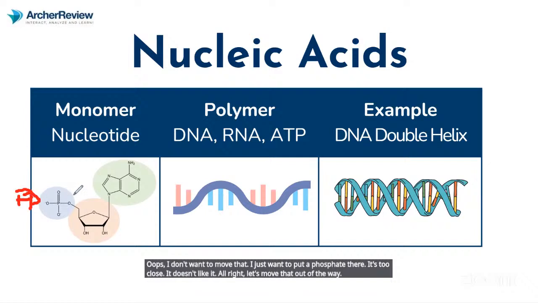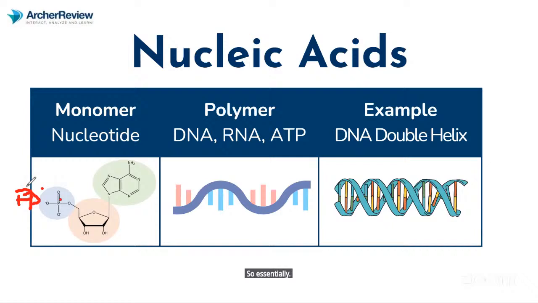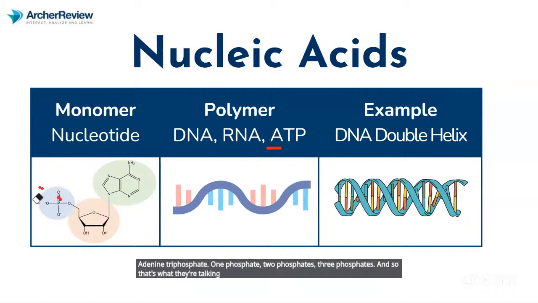Essentially it goes phosphate, phosphate, phosphate. And that is ATP, adenosine triphosphate. One phosphate, two phosphates, three phosphates. That's why it's a T. For adenosine diphosphate, we break a phosphate off, and that ends up being only two phosphates on there.